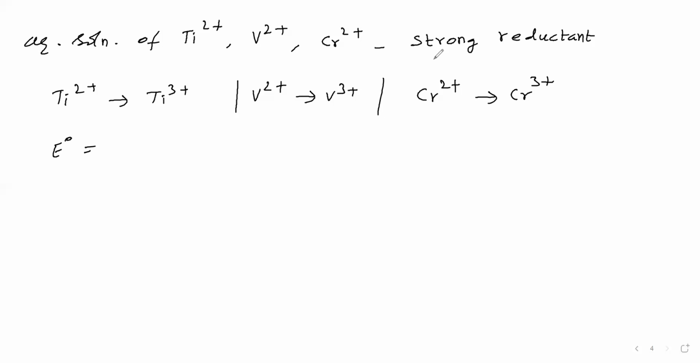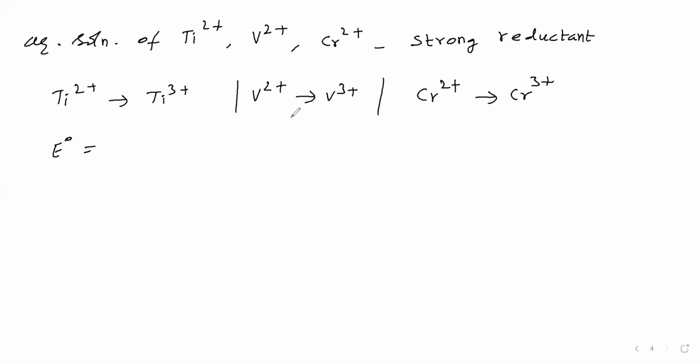So in these points we are coming to know that we have to remember the points, isn't it? So the experiment says what we have to see, as per that we have to remember. So aqueous solution of Ti plus 2, V plus 2, Cr plus 2 act as strong reducing agents. Strong reducing agent you have to remember.